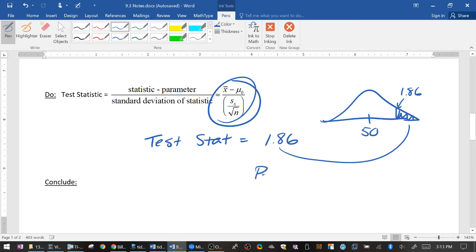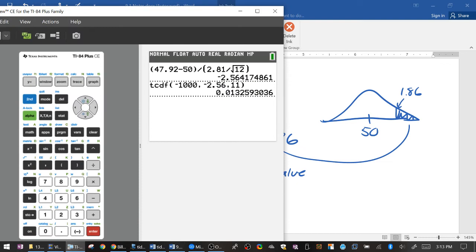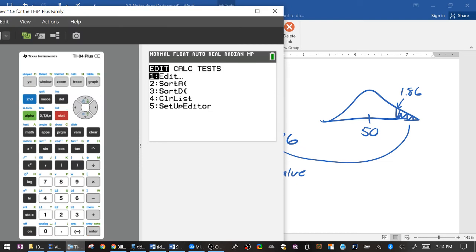To turn that into a p-value with your calculator, let's do it again. You would hit second distribution, so second vars, it's right here. Go down and choose tcdf, which is option number 6. This time the lower side is like the left side.